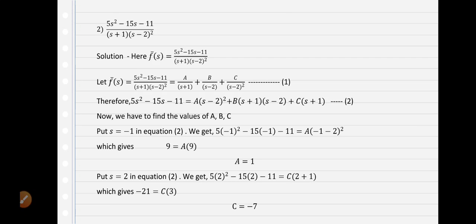Now out of the three constants, we have obtained the values of A and C. Now to get the value of B, we cannot use s equal to 2 again. So we have to use some different value of s, and we are going to use 0, as s equal to 0 we have not used in previous substitutions.